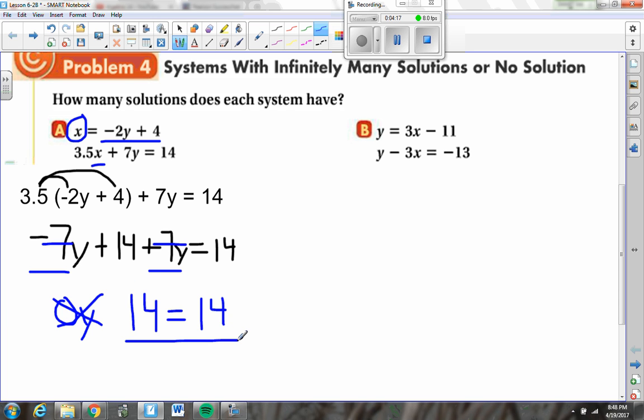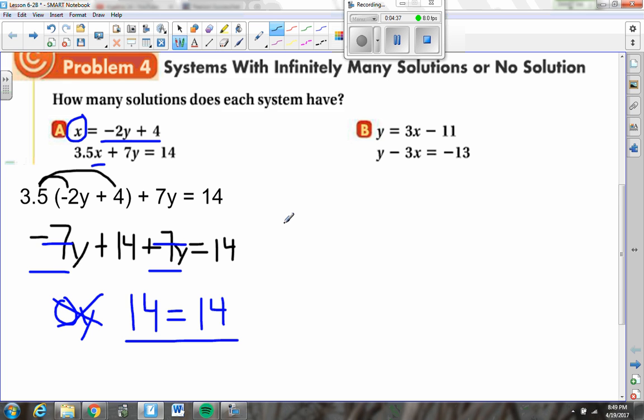This is what I get for my answer: 14 equals 14. You might ask yourself, what are you supposed to do with that? There's no variable that I can solve for anymore. So once all of my variables disappear, I am left with two options: it's either no solutions or all solutions. I figure that out by looking at what's left.